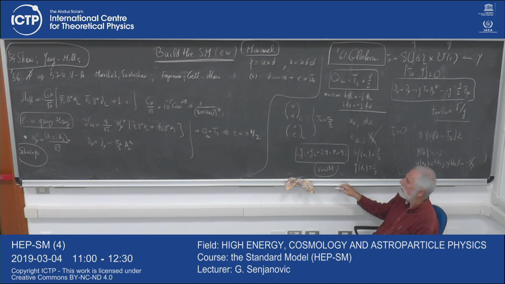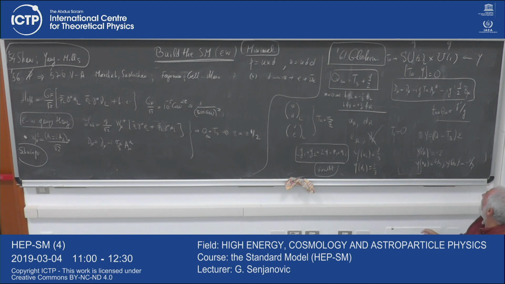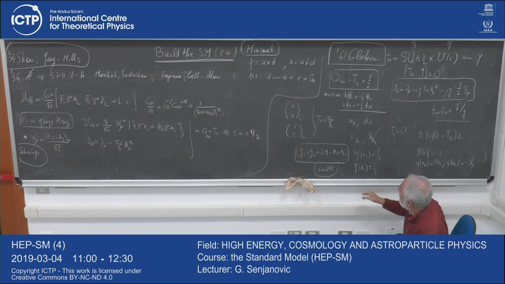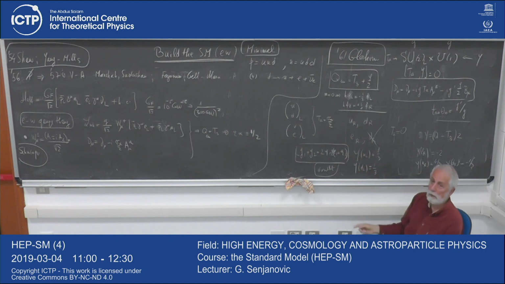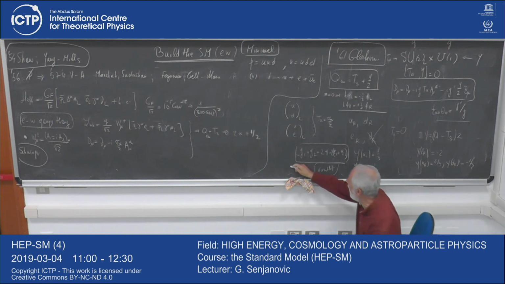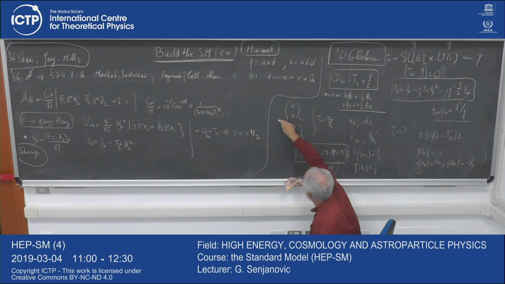Am I right? No, there is a factor of 2. Okay? So y of a doublet, in any doublet, y is q1 plus q2.